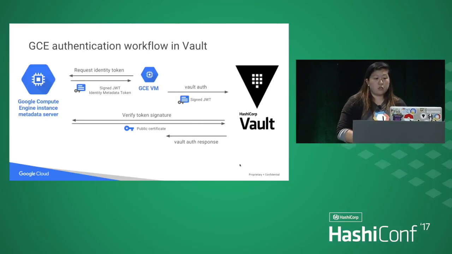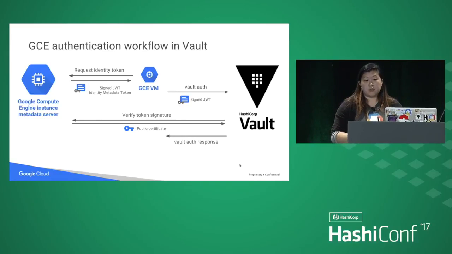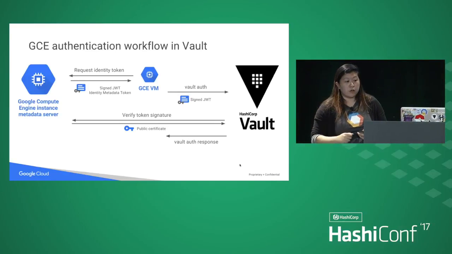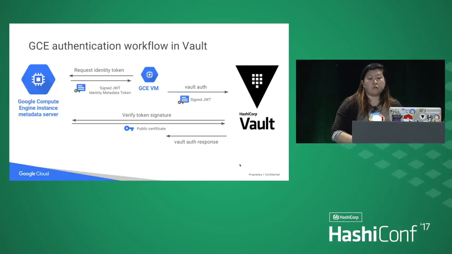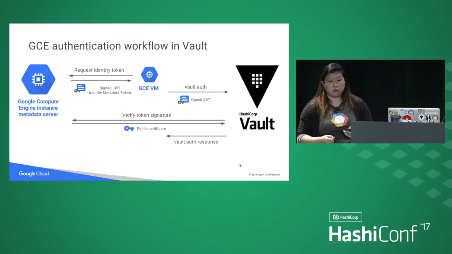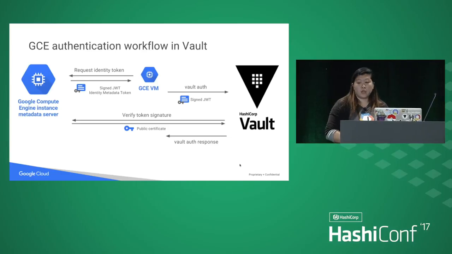The GCE instance has access to a metadata server without needing further permissions, which can be accessed during startup. It requests an identity token from the metadata server, and the metadata server will return the signed JOT. Then GCE passes this to Vault, which returns an auth response. I'm going to let Jesse demo this, so he can talk about how this works within his production infrastructure.